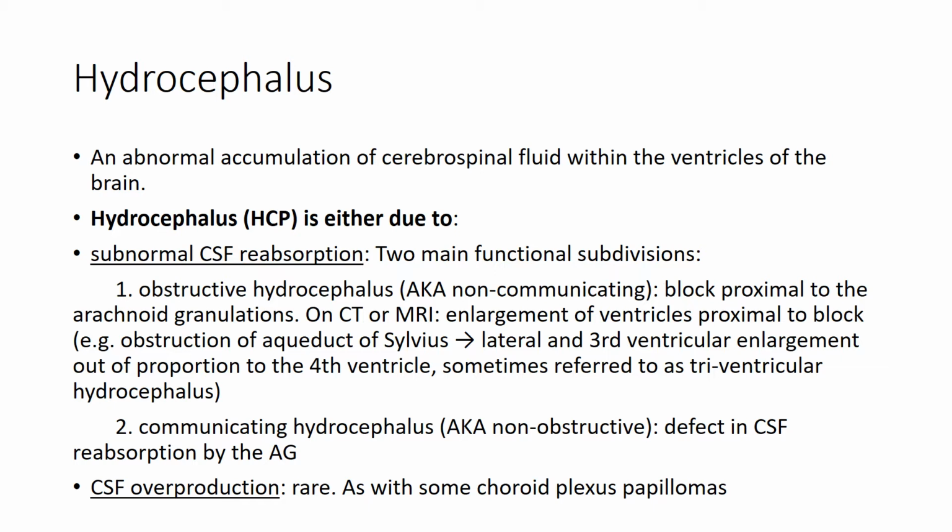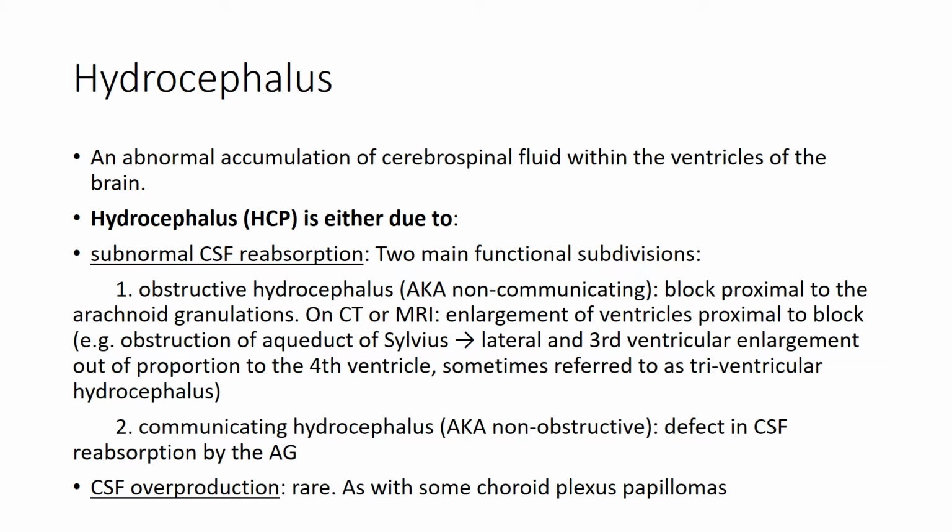The second type is communicating hydrocephalus, or non-obstructive hydrocephalus. These are the two main types that we want you to know. And these two types are due to decreased CSF reabsorption or due to obstruction of the CSF pathway, and this will lead at the end to decreased absorption.